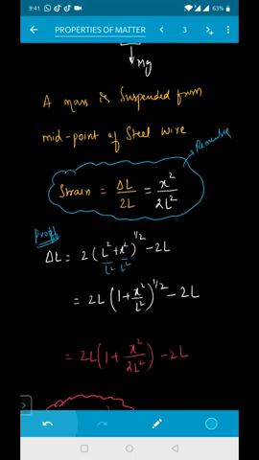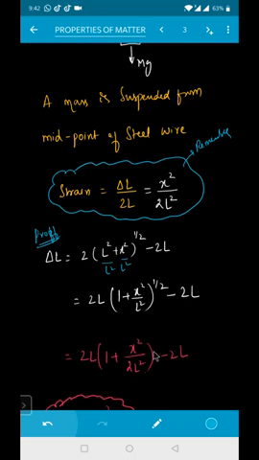Am I doing any calculation mistake you see? In that previous step, we don't have 2 outside brackets, only 2. Next step, how did you get this one, 2 into L square plus x square to the power of 1 by 2? If I write only 2 here, this will become 2 into 2 will get cancelled, but still 1 will be remaining here.